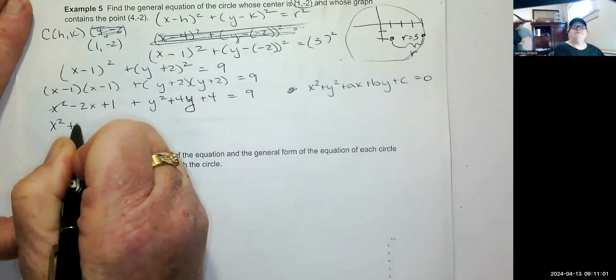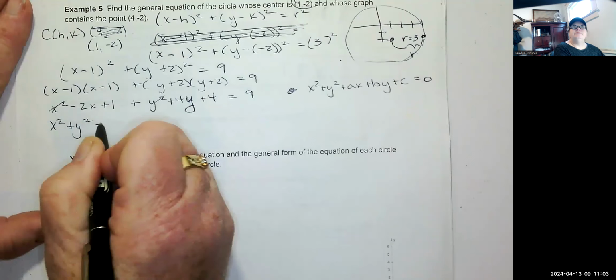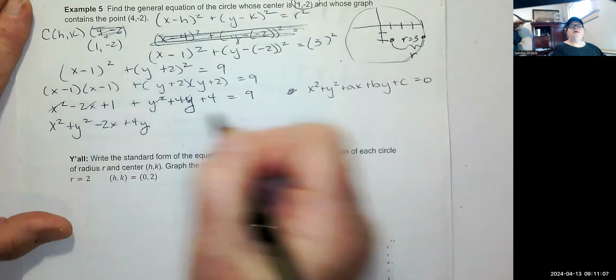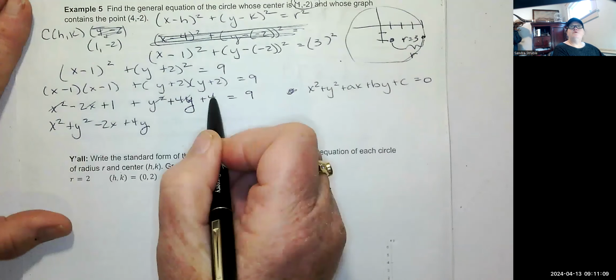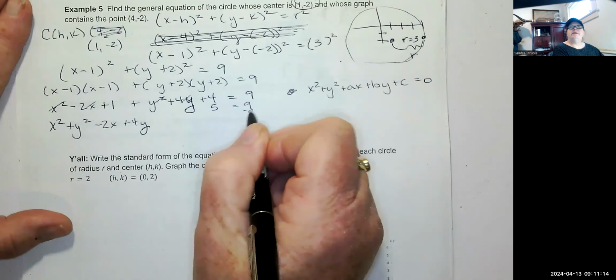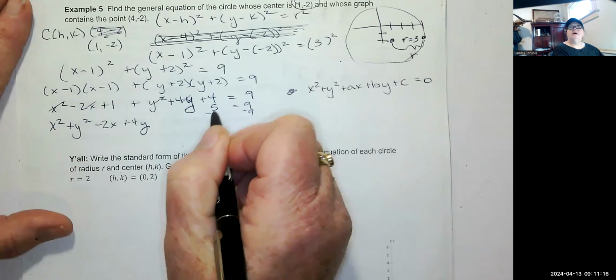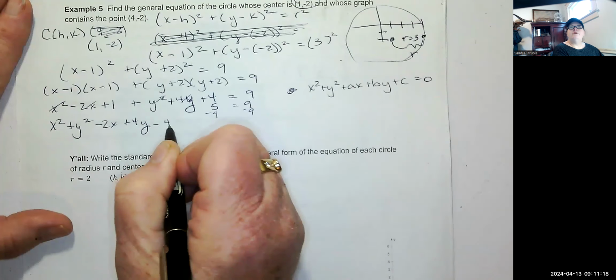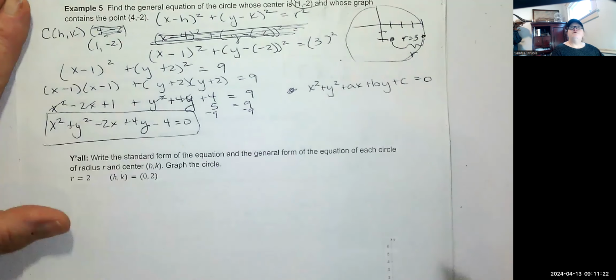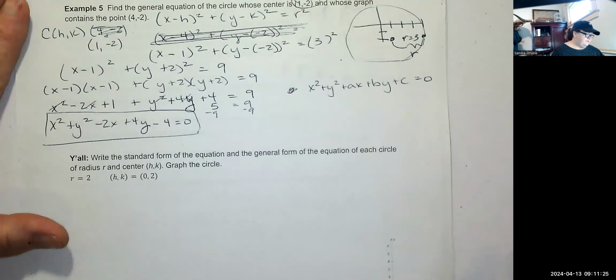Y squared, gone. Minus 2x, gone. Plus 4y, gone. Constants. 1 plus 4 is 5. But we've got our 9 over here. So we need to subtract 9 from both sides. And that gives us minus 4 equals 0. There is my general form, the general equation of a circle.